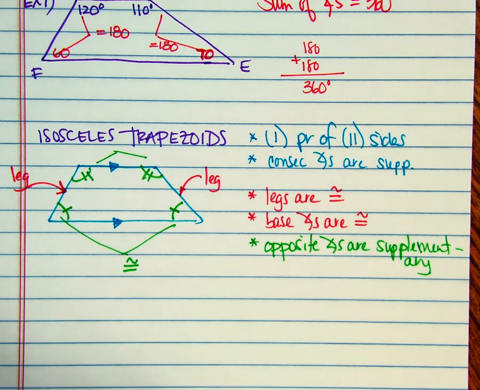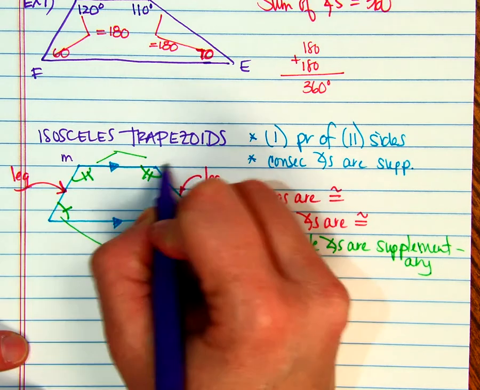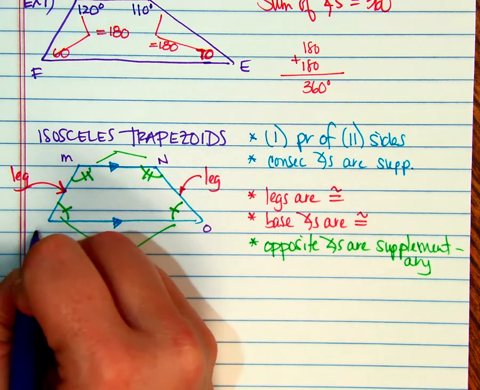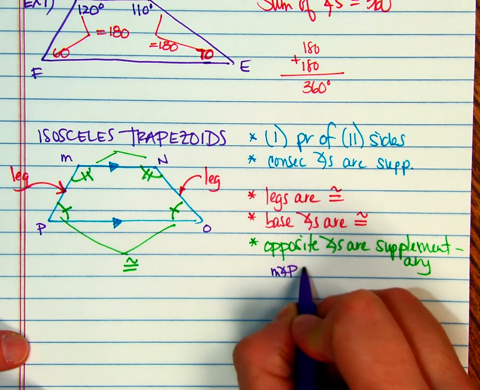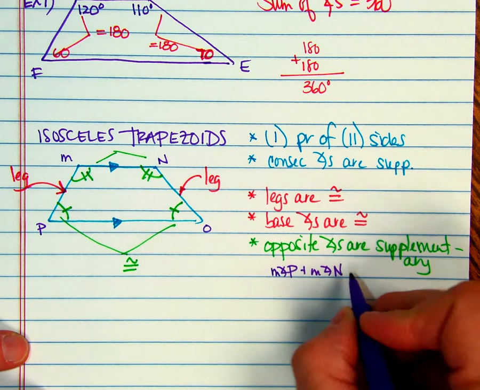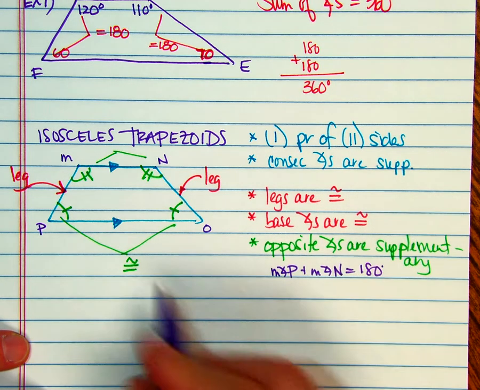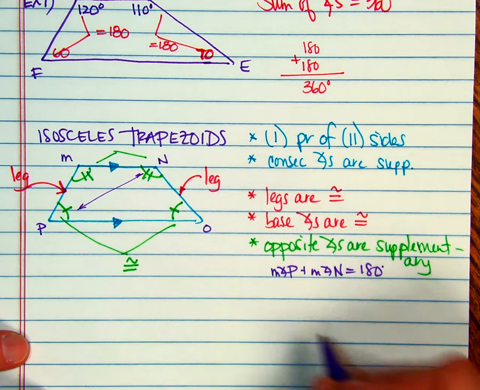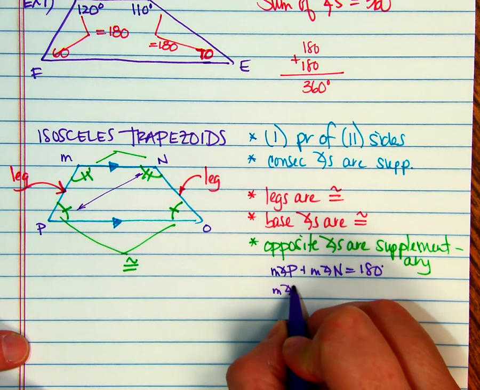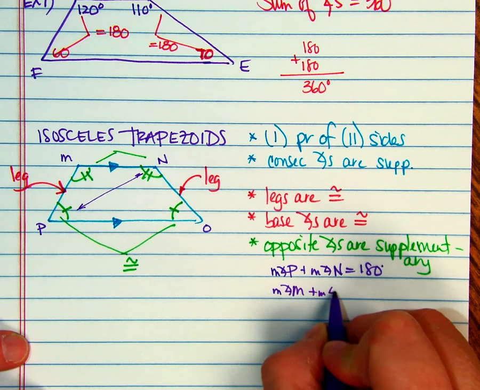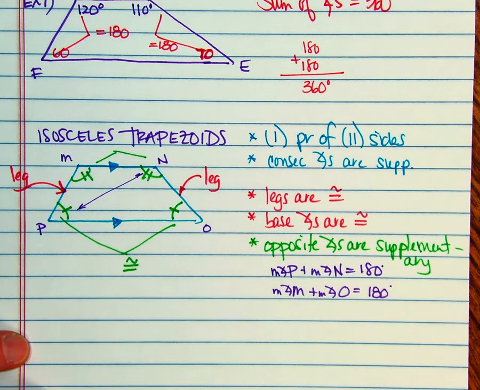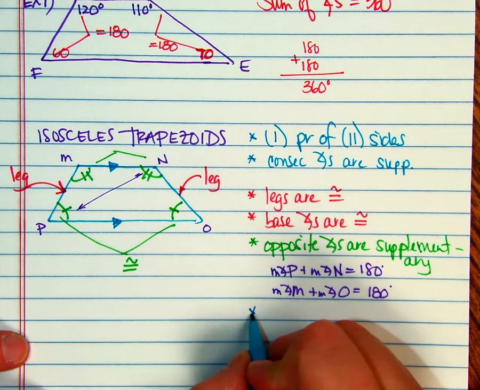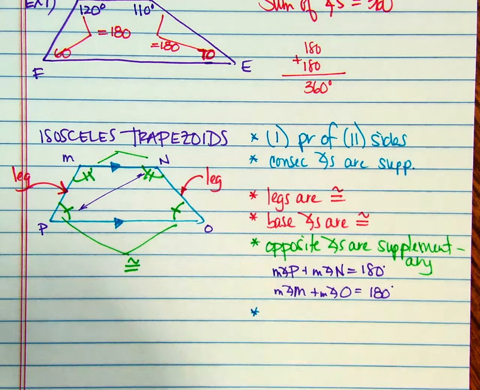Okay, so that means that if we go back to, let's make this M, N, O, and P, that means that the measure of angle P plus the measure of angle N will equal 180 degrees, because these are opposite. And it also means that the measure of angle M plus the measure of angle O are going to equal 180 degrees.